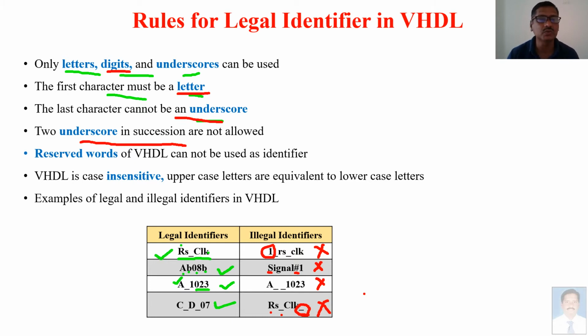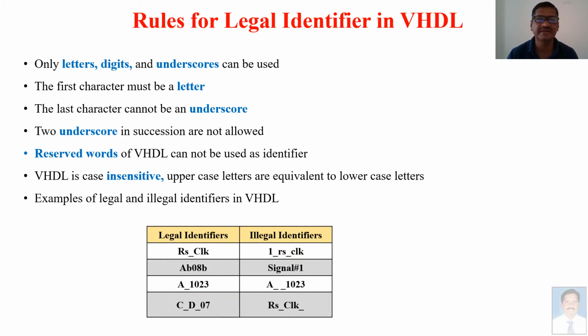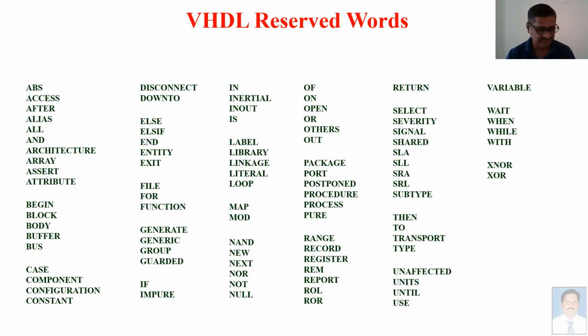These are the rules for defining legal identifiers, and these are the reserved words used in VHDL: ABS for absolute, access, after, alias, all, and, architecture, array, assert, attributes, and so on.